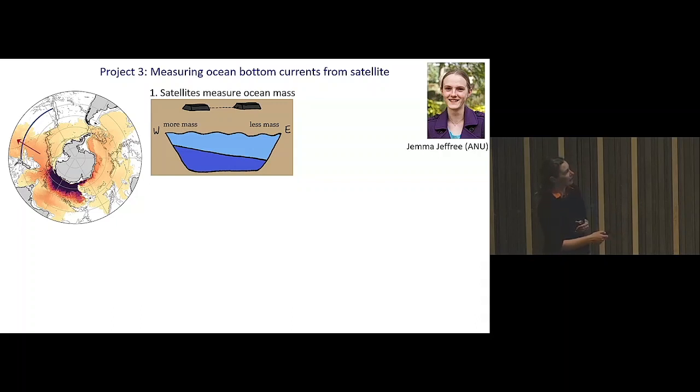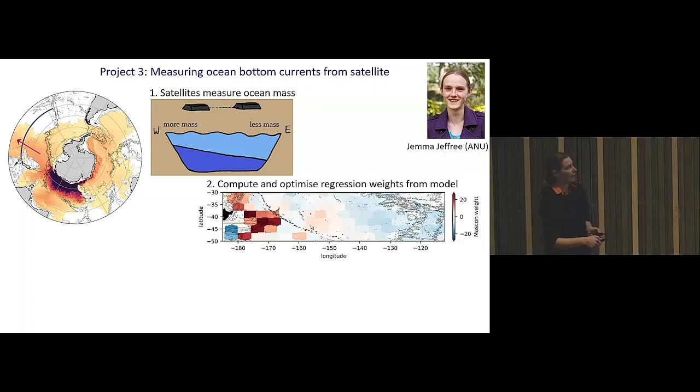And so what she did, we can relate the density variations across this line here, if we know those density variations due to the variation in mass, we can then figure out the current due to the Coriolis force that goes northward like this. And so she used our ocean model to come up with a multiple linear regression to relate the transport in this basin to the ocean bottom pressure in the model.